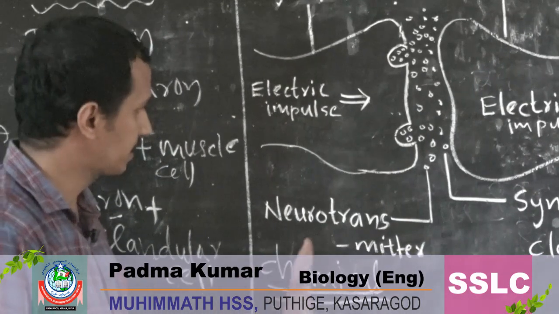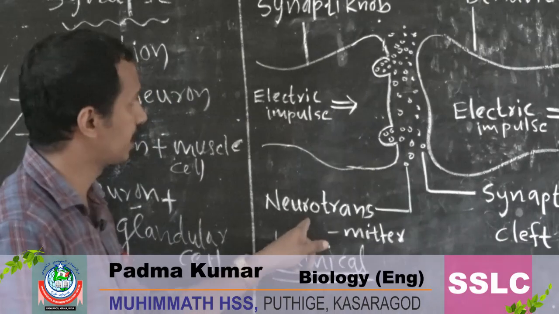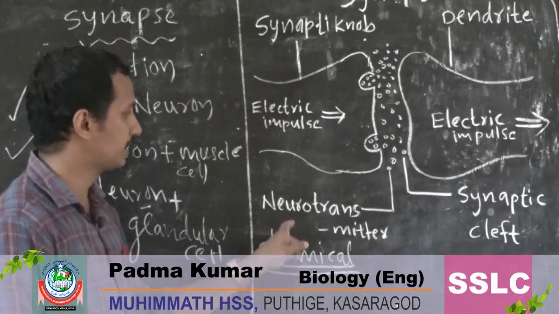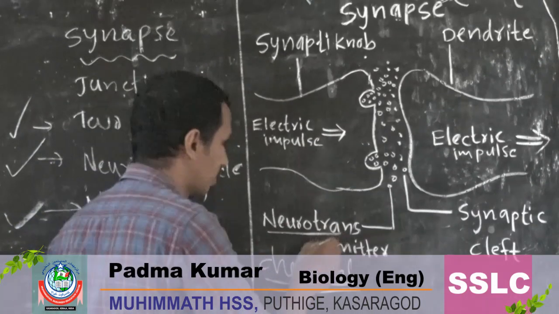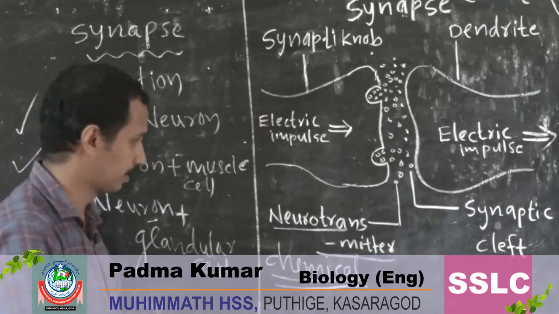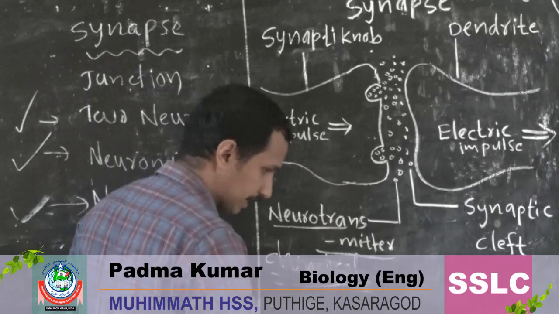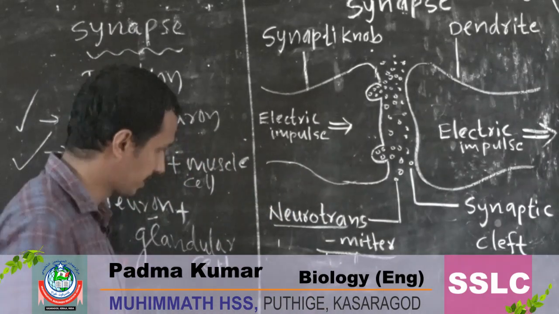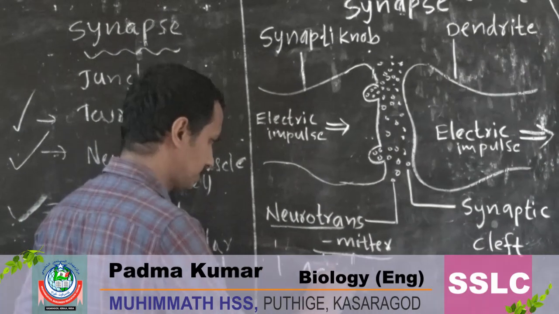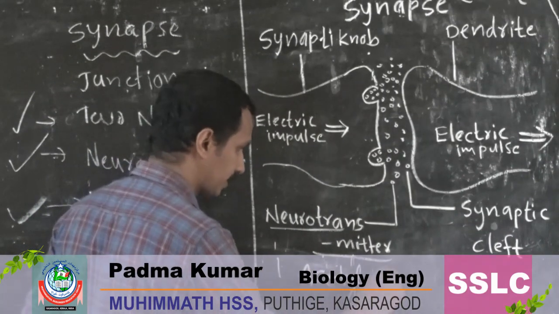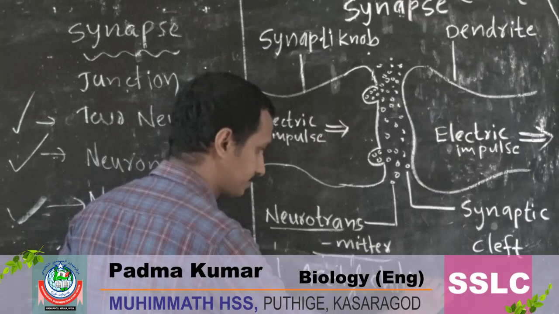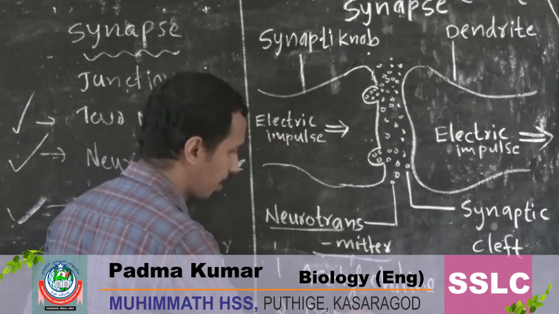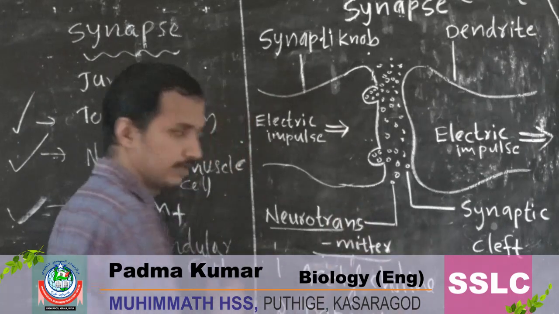Some chemical substances are secreted by whom? The synaptic knob secretes some chemical substances. It is called a neurotransmitter. Let us discuss some examples of neurotransmitters. For example, you can write first one acetylcholine, then second one dopamine.